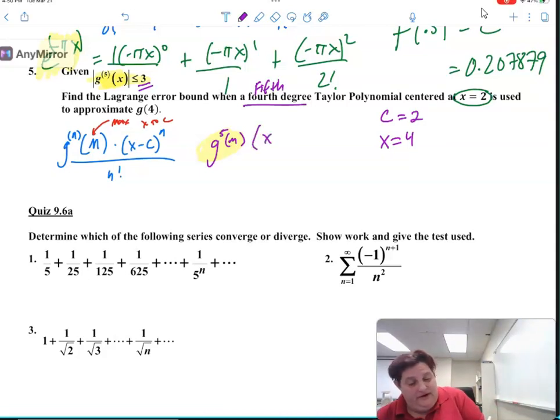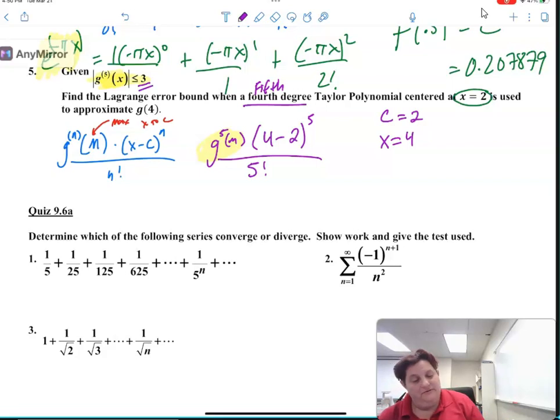Okay, let me rewrite this again. It's g to the 5, 5 derivatives of the max, and then it's x minus c, where c is 2, to the 5, over 5 factorial.